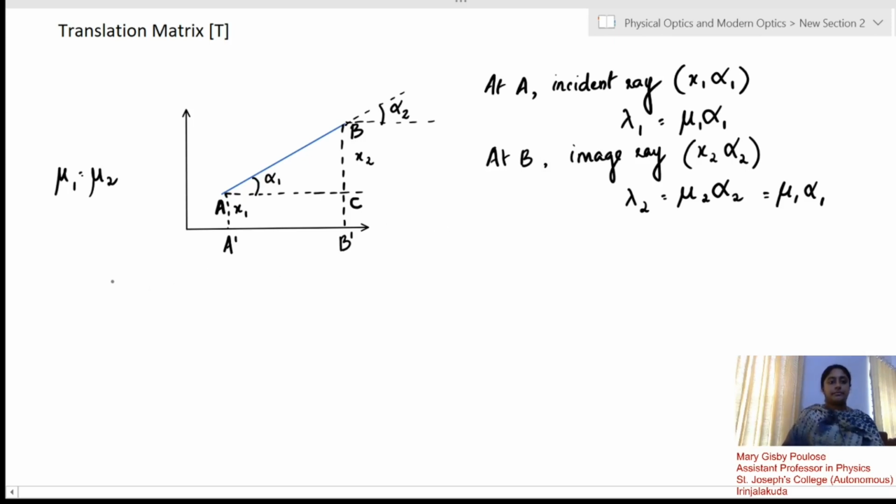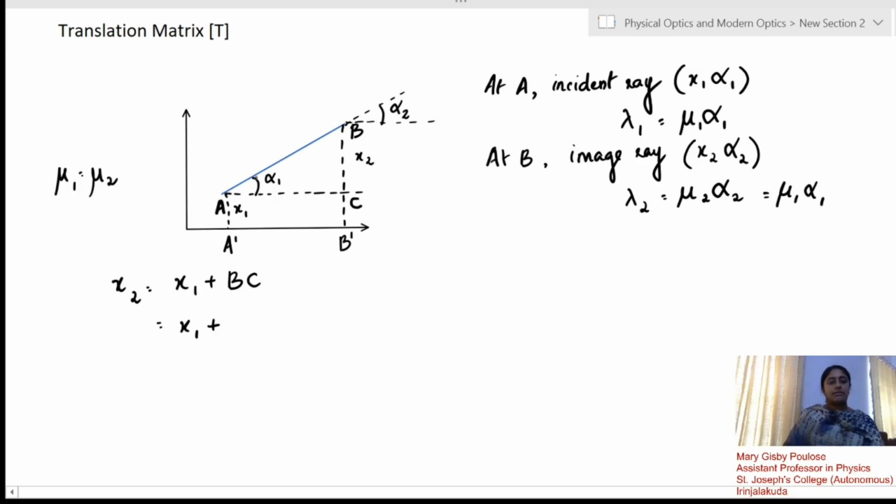Now, x2 can be written as x1 plus BC, right? From the figure, you can see that. I'm going to substitute for BC.